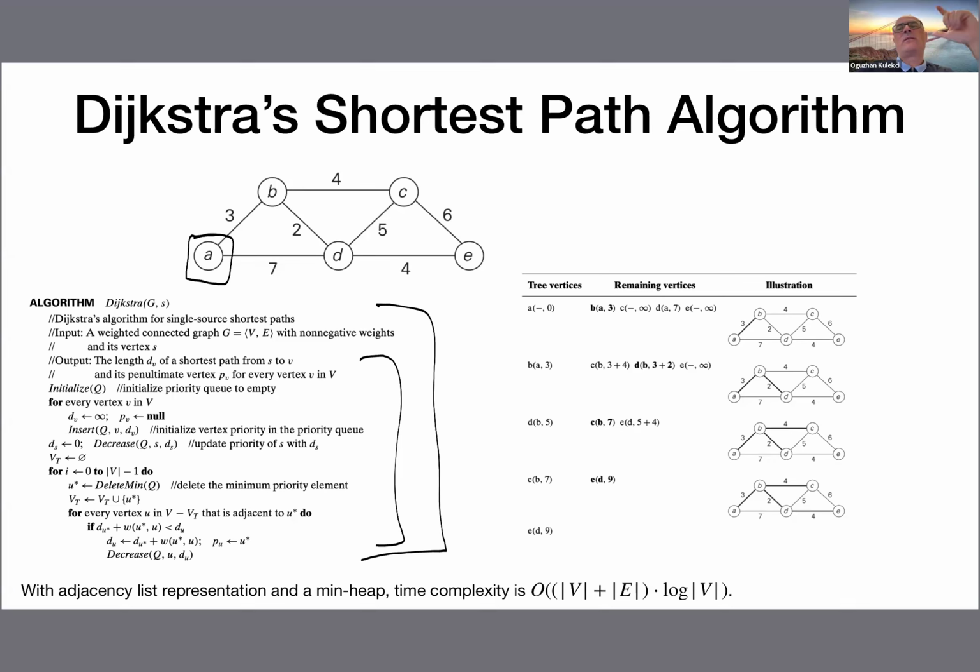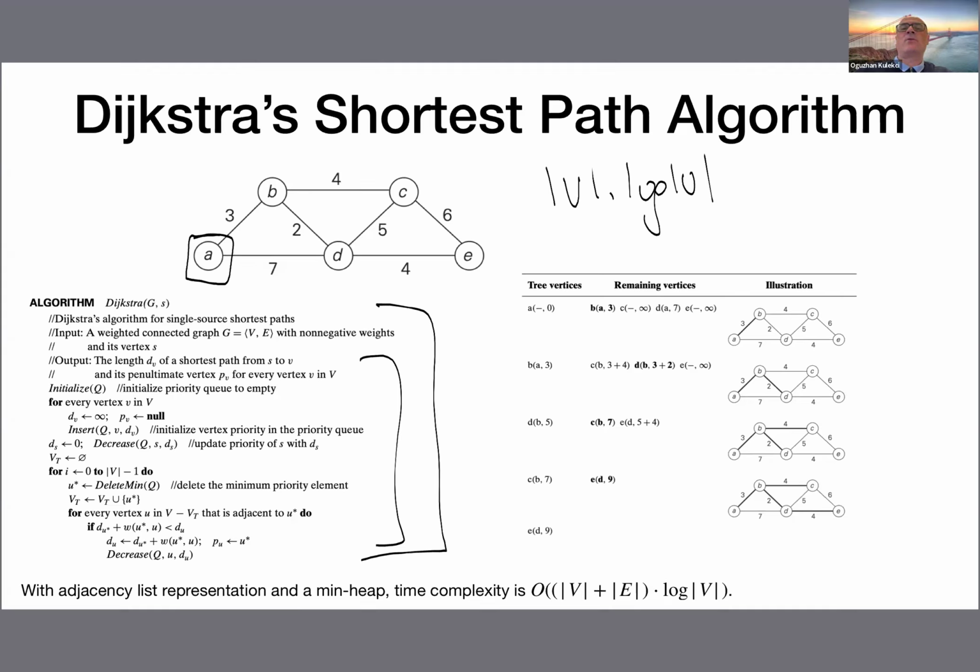Same story. The size of the heap is initially equal to the number of vertices V. So that means you will need V times log V removal operations until you cover everything, okay? But at every step, you will be updating the weights, updating the distance array, okay?